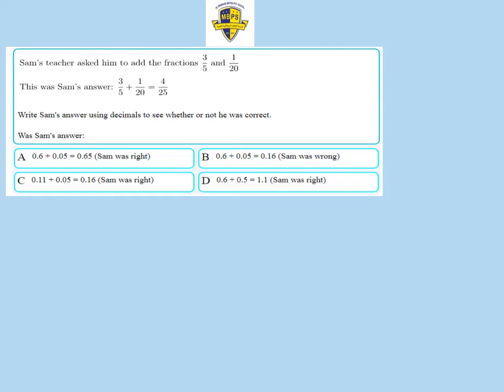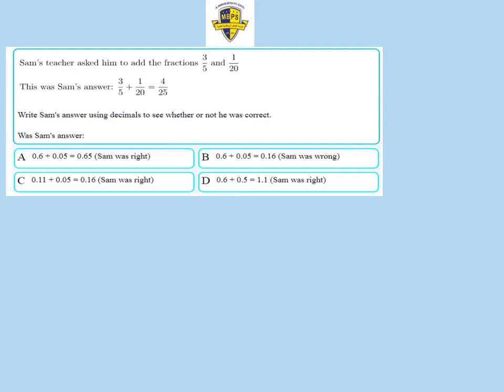Write Sam's answer using decimals to see whether or not he was correct. So here what we want to do, we want to write 3 out of 5 as a decimal, 1 out of 20 as a decimal, then the answer 4 out of 25 also as a decimal, and we check if he was correct or he was wrong.